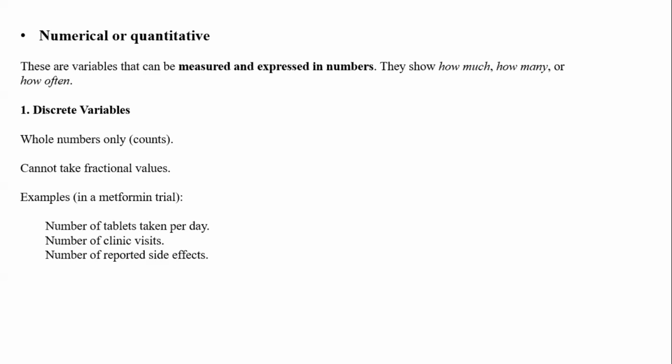The number of clinical visits the patient has made during the control process, and the number of reported side effects, also fall under the discrete variable, because they cannot have a decimal. For example, you cannot say a patient has visited 1.5 visits. That cannot be possible, which is why this falls under whole numbers, the discrete variables.